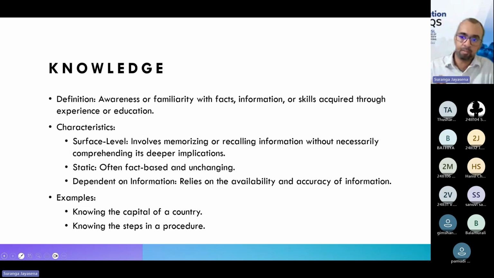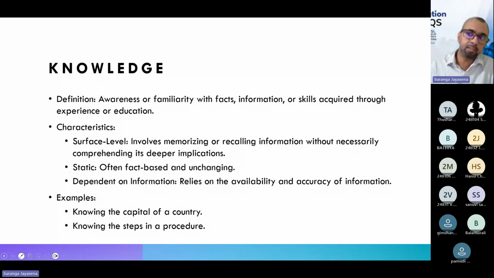So without really having a need to know or feel the real meanings of this, just recalling. Sometimes that happens, especially in older days, with quizzes like Who Wants to Be a Millionaire or Lakshapati type of scenarios, right? It was simply to recall, remember the correct answer, and say it.